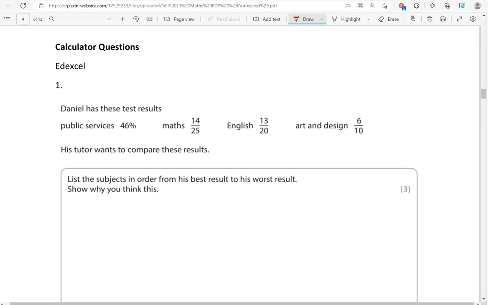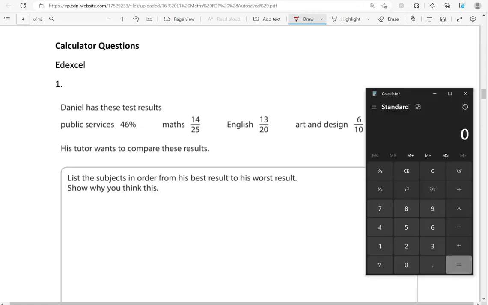Show why you think this. We could have them all as fractions, so we can easily compare fractions with the same denominator. Or you could convert these all into percentages. And I think since we can use a calculator, that might be the best way.